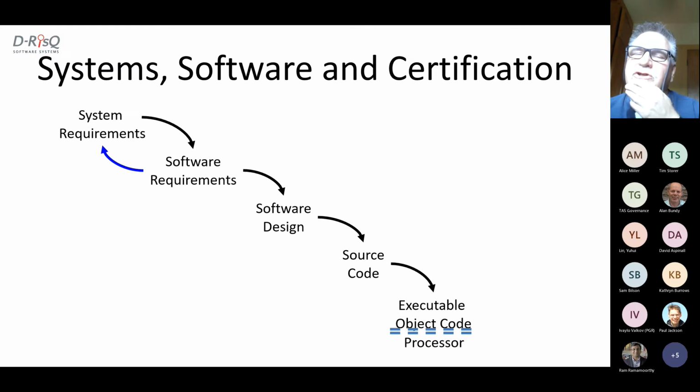And there's an obligation to show that your high-level software requirements meet those system requirements that are allocated to software. And similarly, you need to show that the design meets the requirements, the source code meets the design, and the executable object code ultimately meets the source code, all the way up to high-level software requirements.